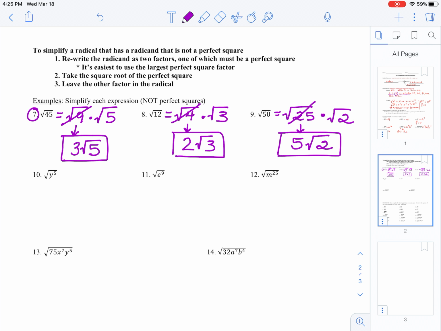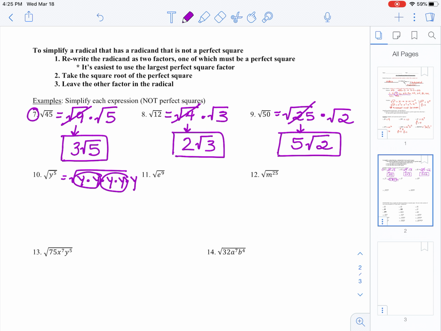So y to the 5th is really y times y times y times y times y. The idea of taking a square root is finding a pair of items that multiply to give you the radicand. Well, if I look underneath of the square root symbol, there are 2 pairs of y's.